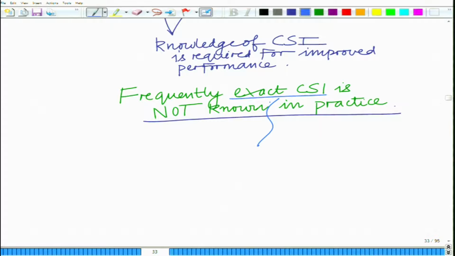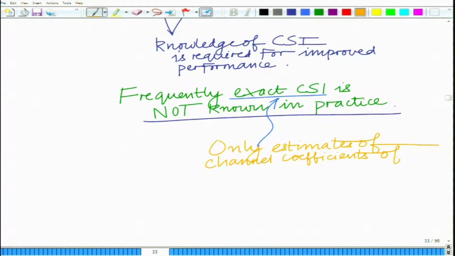Exact CSI is not known, only estimates, or you can think of these as approximate values, of the channel coefficients or CSI are known.